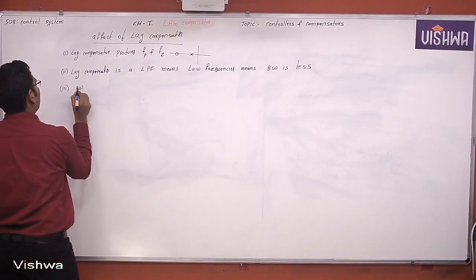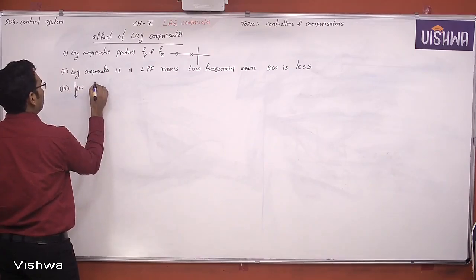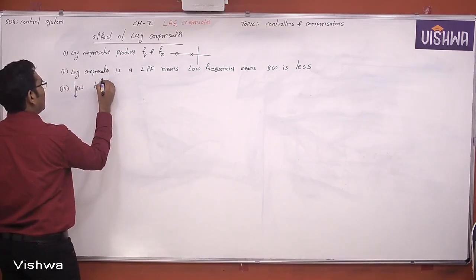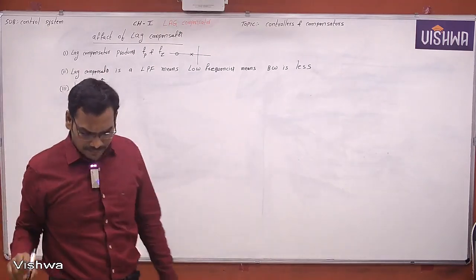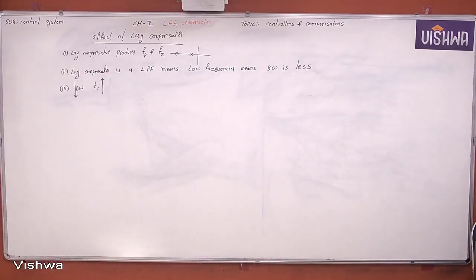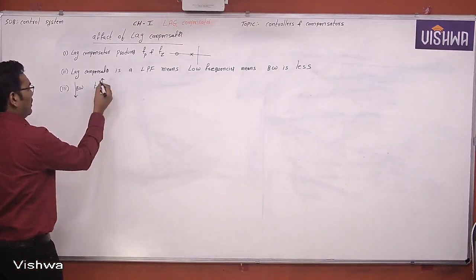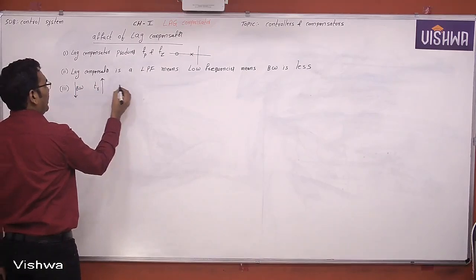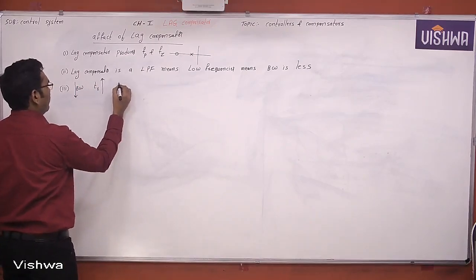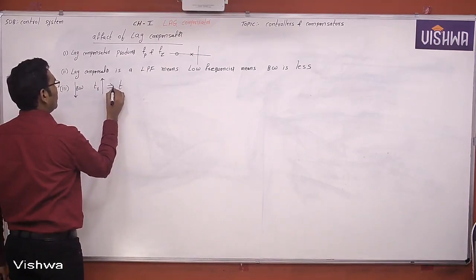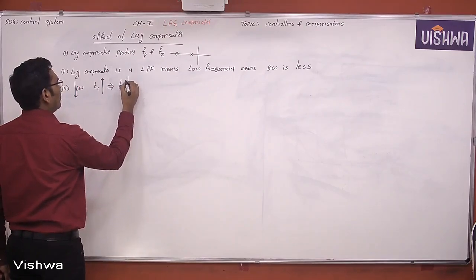When bandwidth decreases, rise time increases. When rise time increases, what happens? You know that. When rise time increases, settling time also increases.